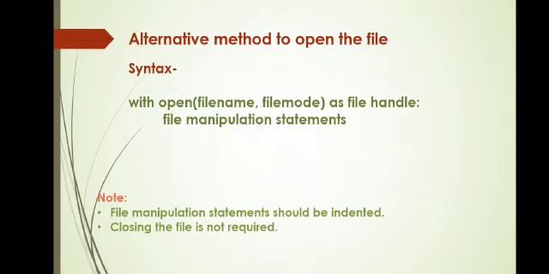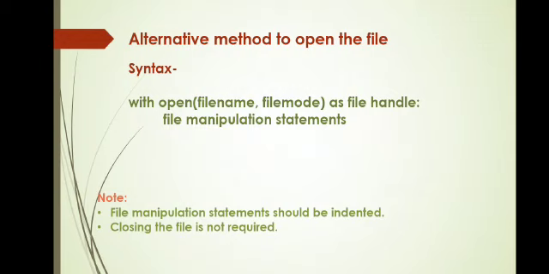Now, what is the advantage of using this method? Why don't we use the simple way of writing it that we discussed earlier? The advantage is that with the previous method, where the syntax was file handle equals open and then the arguments, once you have done the job of the file, you have to close the file.